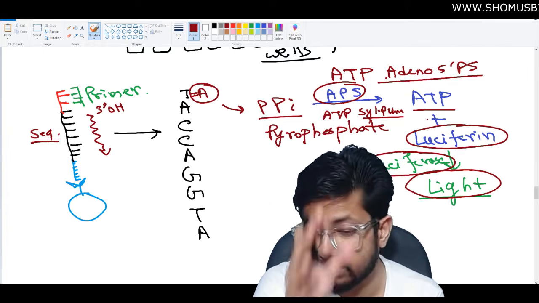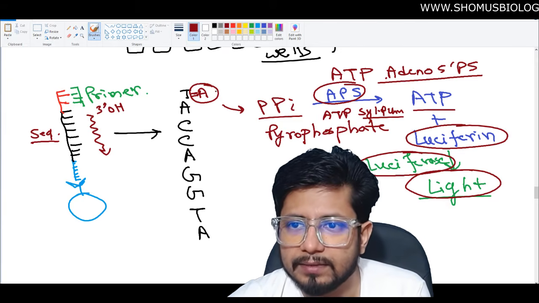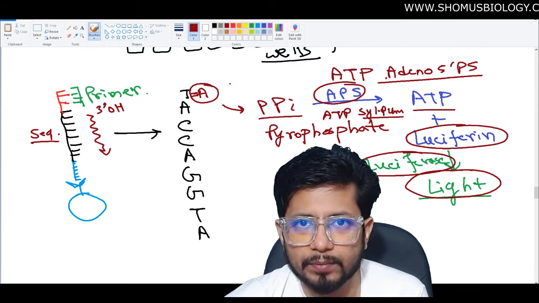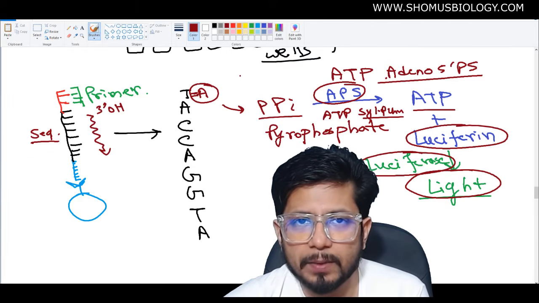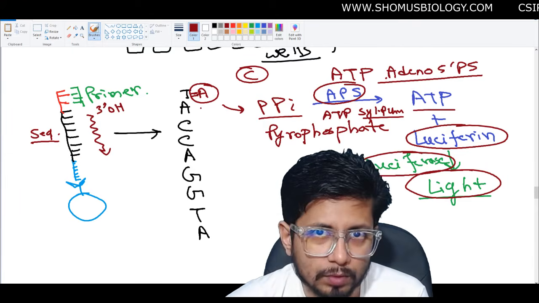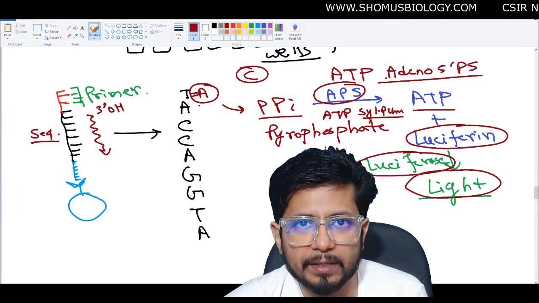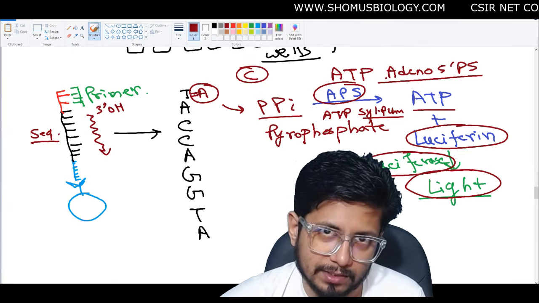Now let's get back to the situation and try to reconnect the dots. Once that is done, we'll wash it off, then we provide the next. Let's say we give the next one as C. The C will pair with A? No. As the C will not pair with A, there won't be any reaction, there won't be any light.